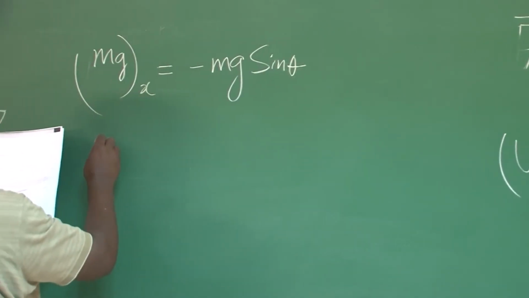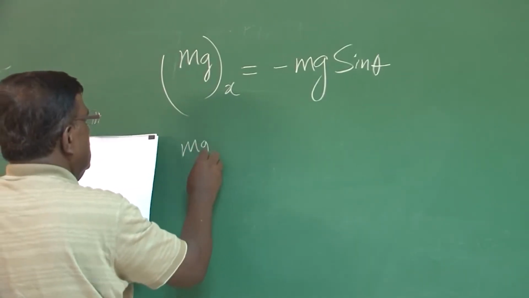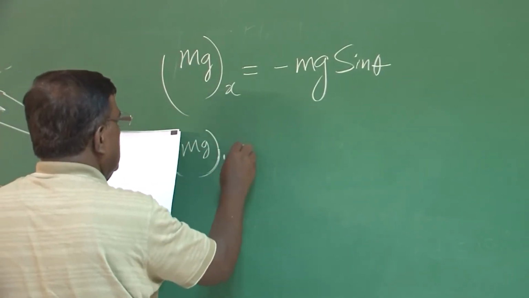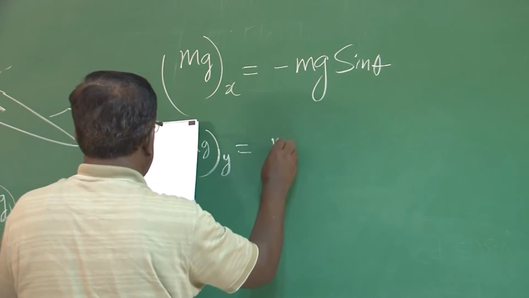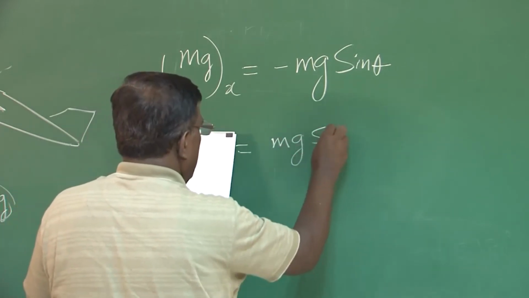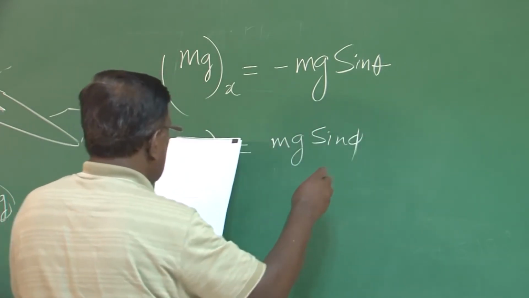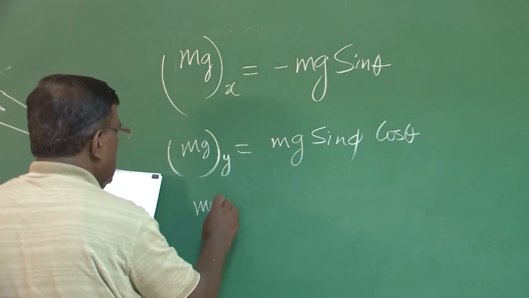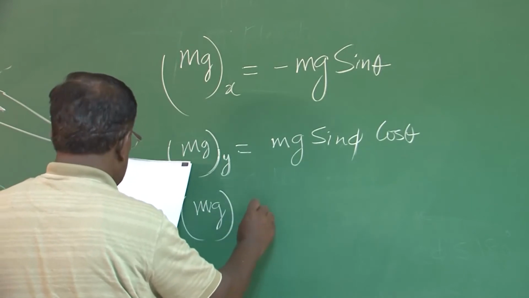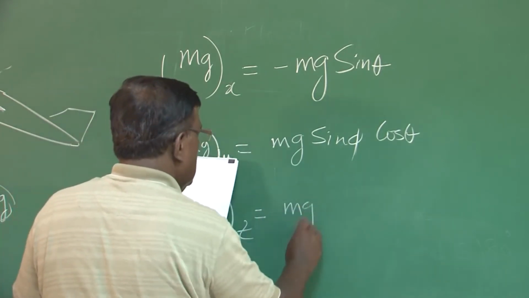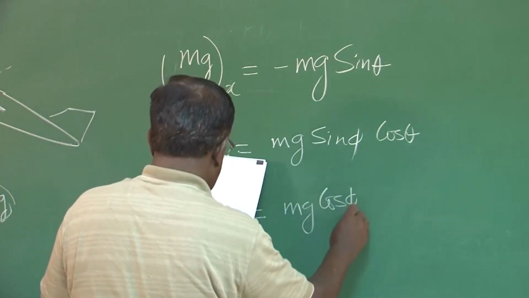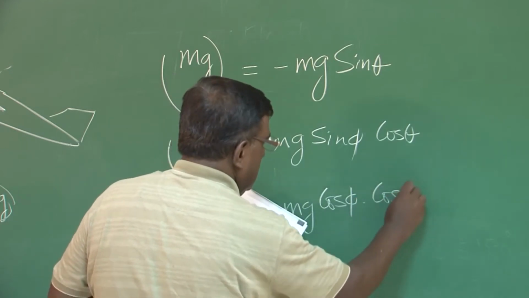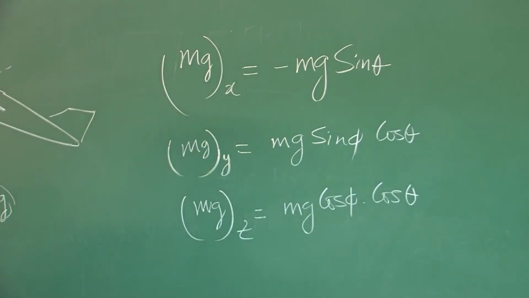Similarly, the mg y component I can write as mg sine phi cos theta, and the mg z component as mg cos phi into cos theta. Okay, clear?